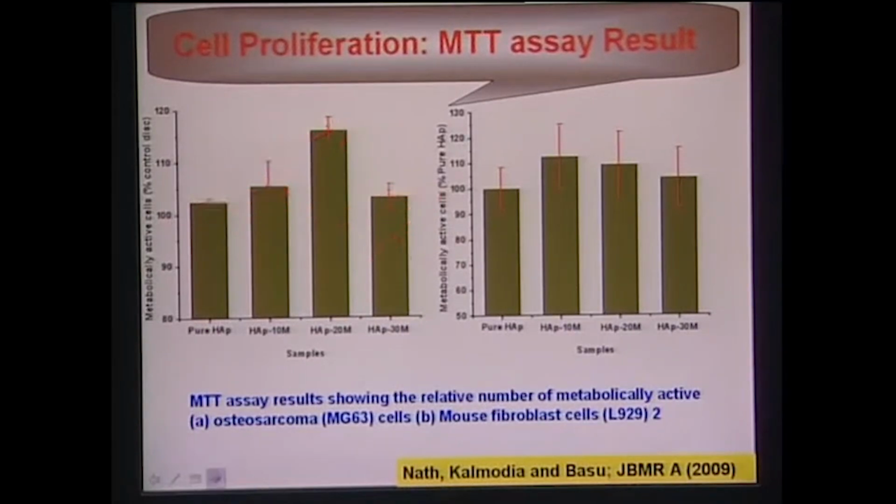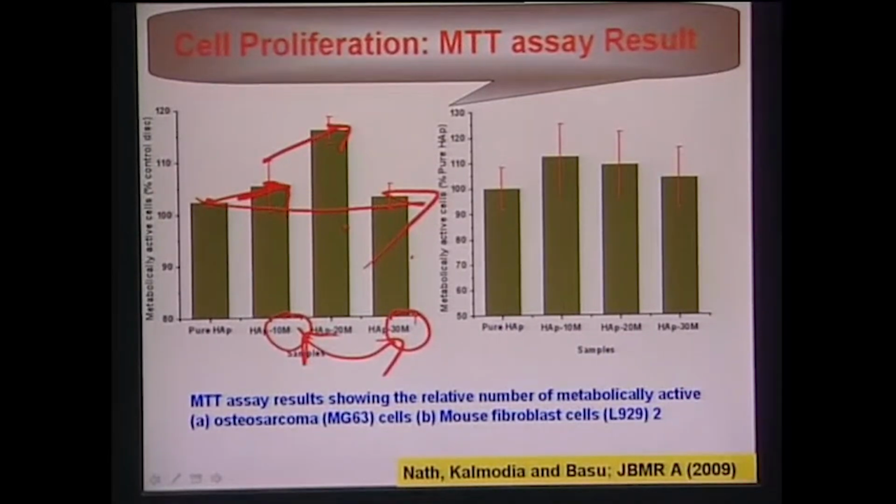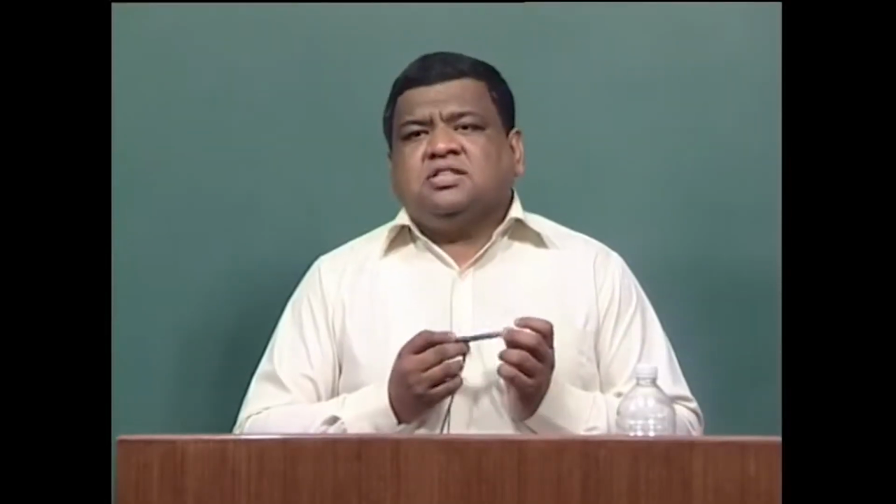So what I am trying to say is that as far as the MTT assay is concerned, the hydroxyapatite mullite samples have similar MTT values to the pure hydroxyapatite. What it means is that when you add 10 to 30% of mullite to hydroxyapatite, you do not compromise anything as far as the cell viability is concerned. You are not reducing the cellular viability by adding mullite to hydroxyapatite samples.